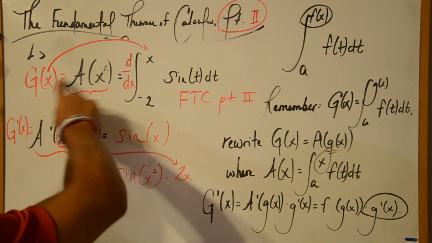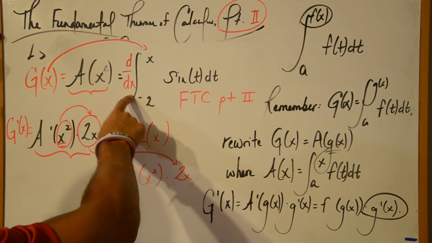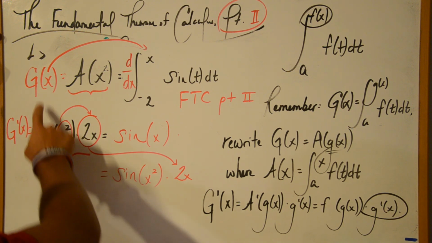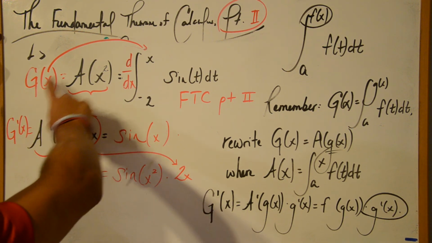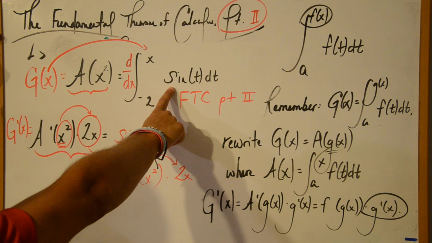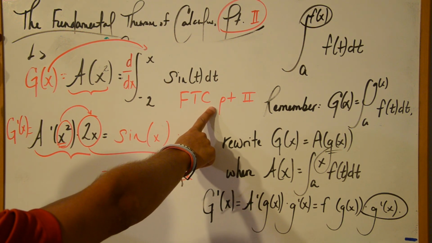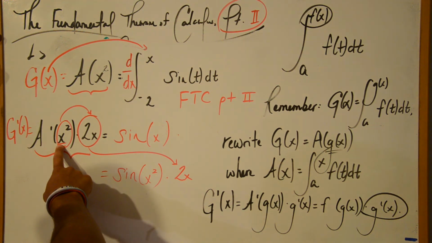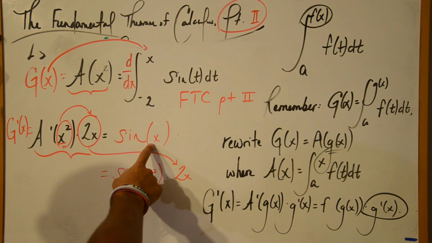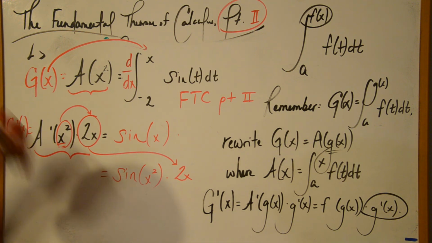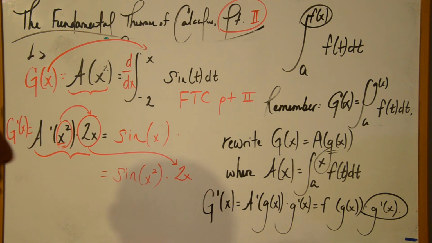Thus, when we go to take the derivative of g prime of x, this is going to invoke a chain rule that we wouldn't account for here. We get back the original function, or the function in terms of x, through the fundamental theorem of calculus part 2. However, we would need to reinsert the upper bound as the input while accounting for the derivative of said input. And that'll do it for the fundamental theorem of calculus part 2.